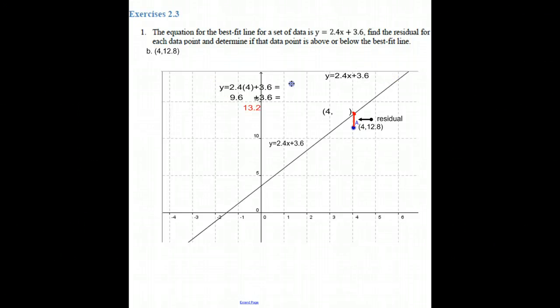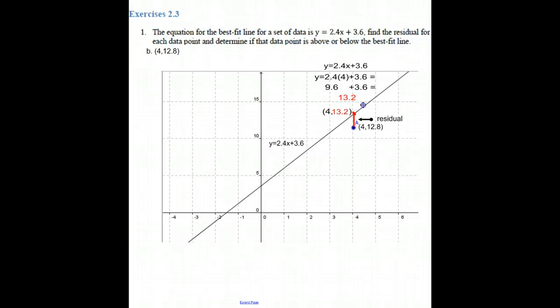Doing that substitution, we say 2.4 times 4 plus 3.6 is equal to, well, 2.4 times 4 is 9.6, plus 3.6 gives us 13.2. Let me just move this up so it's not in our way. So therefore, our predicted value is 13.2.